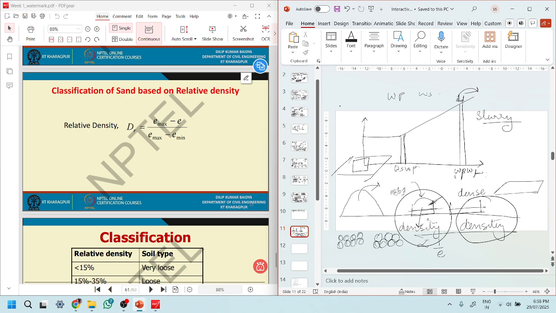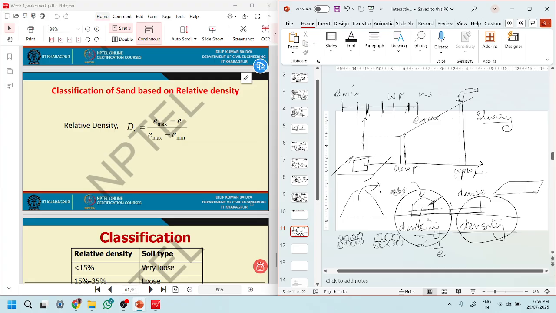From there, I can understand, based on the property of the soil, what is the minimum void ratio it can have, what is the maximum void ratio it can have, and where its natural state is right now. What does it tell me about the soil? Is this a loose deposit? Is this a dense deposit?